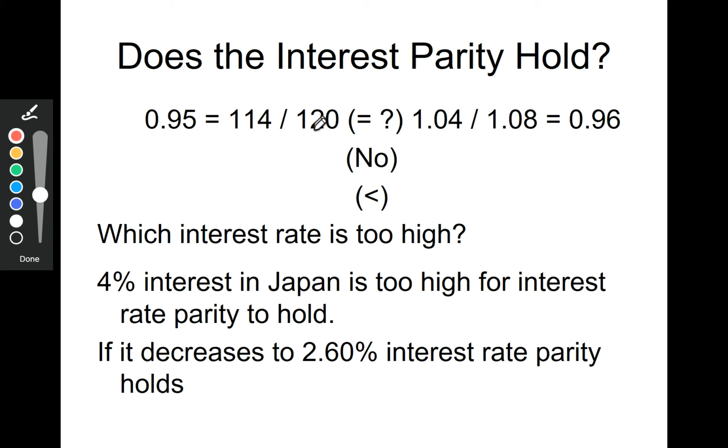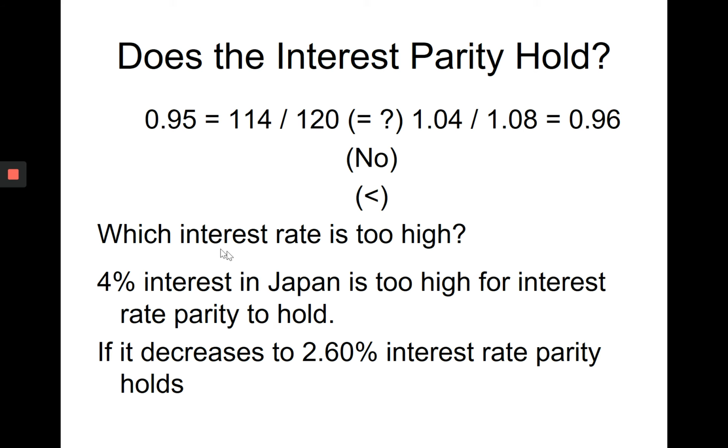Or 120 should be smaller. If we divide by a smaller number, we get a higher number than 0.95, and therefore left hand side will go up and would be in equilibrium. And we can put an x here and solve the equality 114 divided by x equals 0.96 and figure out what that x is. Again, I suggest that you do this as an exercise.